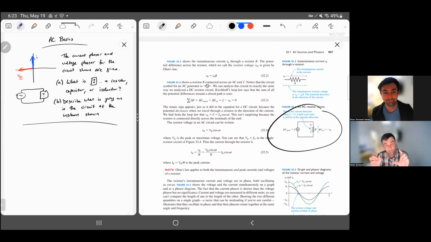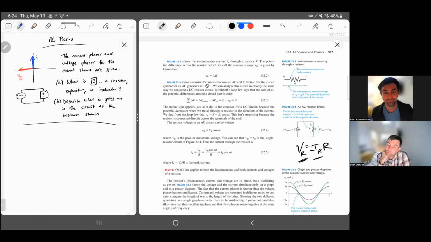So in other words, if you apply like 10 volts across a resistor, then basically instantaneously there will be a current that goes from the higher potential side to the lower potential side. And the amount of the current is determined by Ohm's law. So you have V across the resistor is equal to IR, I across the resistor times the resistance of the resistor. And because R is constant, this is directly proportional to this.